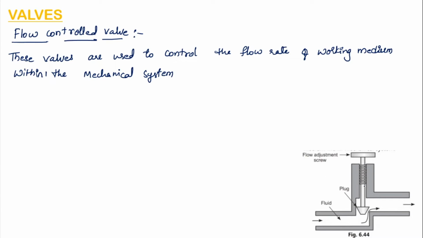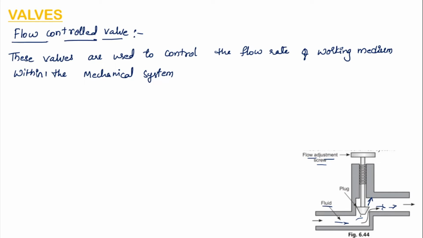Here you can see there is a flow adjustment screw and a plug, and this is the fluid. This is the diagram of a flow control valve. When you want the flow to be high, you move this plug upward with the help of this adjusting screw, and the flow rate will be much higher.